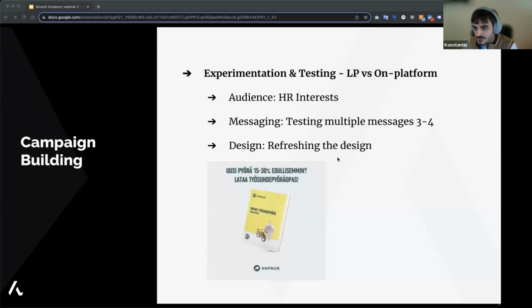This is just an example of how the ad worked and how it looked. What you can do with Facebook that is different from some other platforms is that Meta is pretty much an ecosystem. You have Instagram, you have Facebook, you have all these platforms, and they have different visuals.